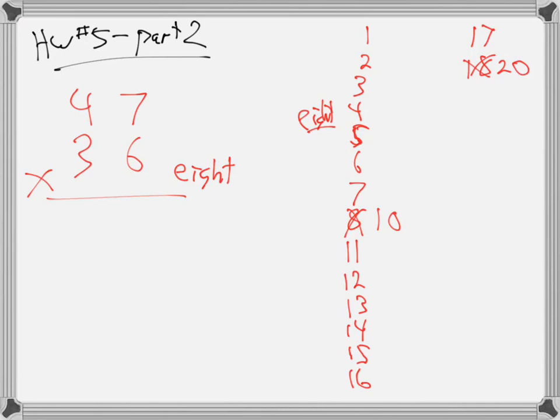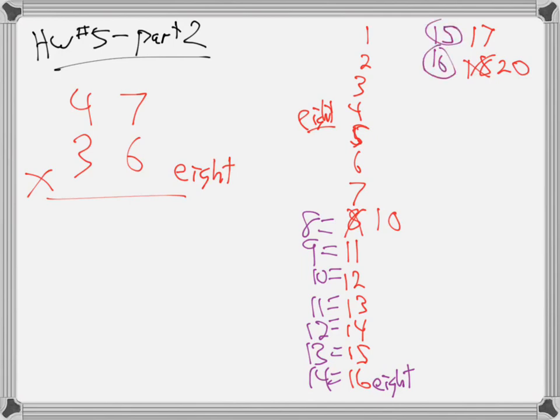Yeah, that makes sense. 14 equals 16 looks like weird math, but you know what I mean: 14 regular equals 16 base 8. And this is the number 15, this is the number 16, etc. Anyway, now I'm wondering why I did that.